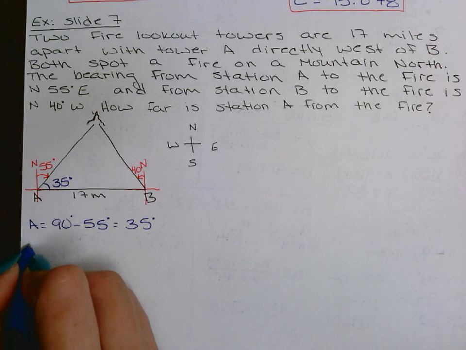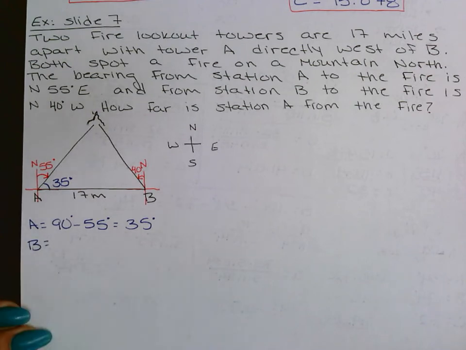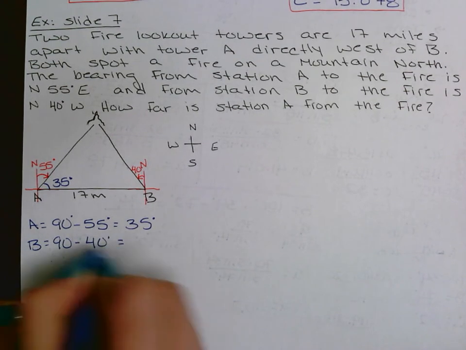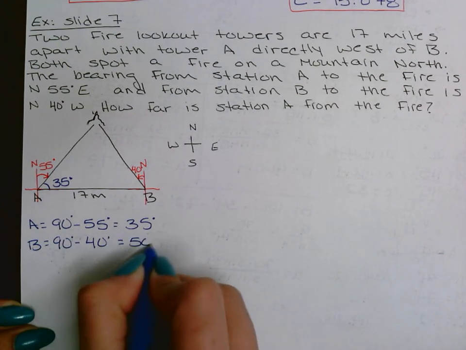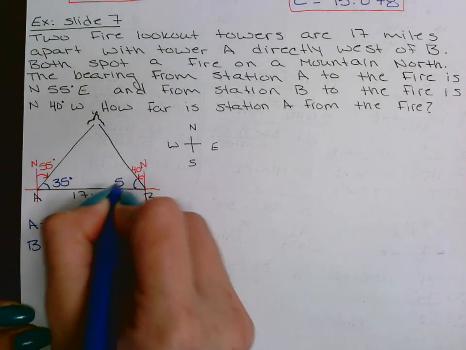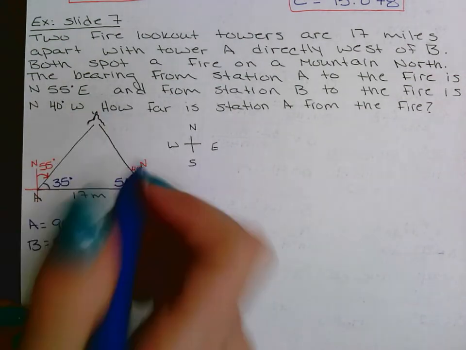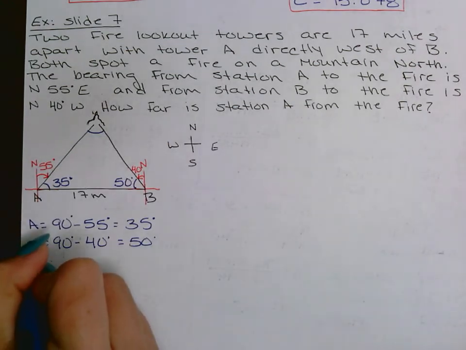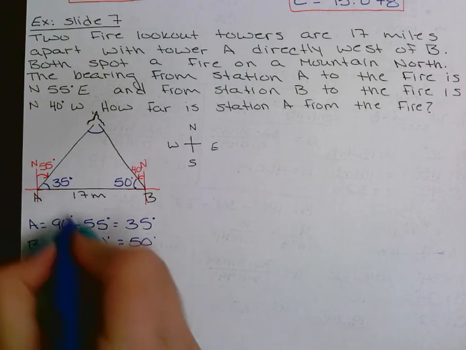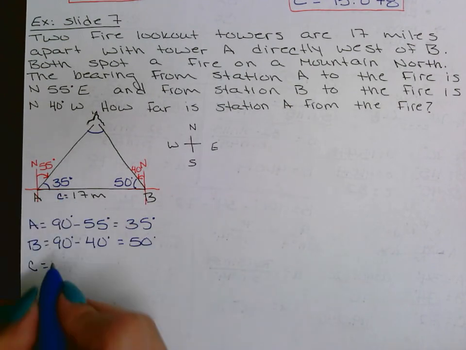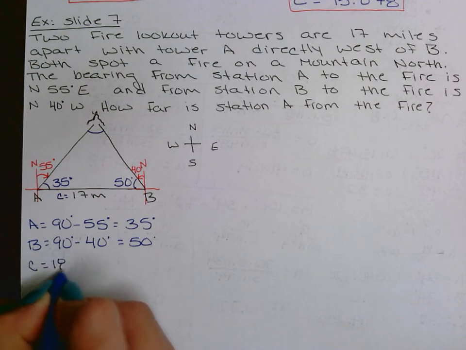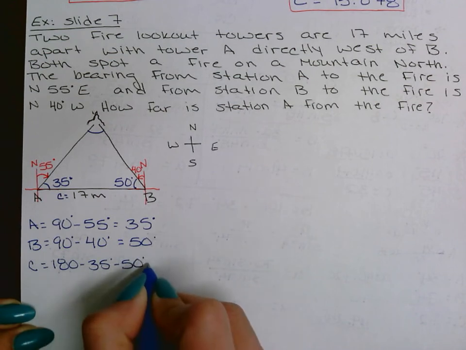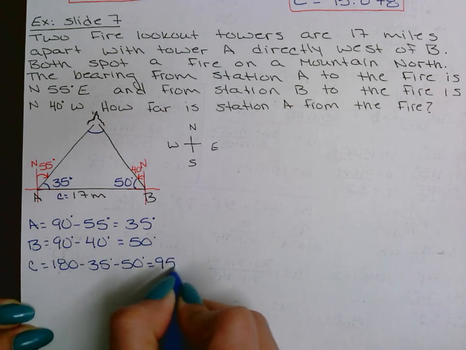And then same exact thing for B. It's a bearing, so I'm going to say 90 minus the 40 degrees, and that gives me 50. Okay? What can I do to find my third angle over here? The 180 rule. Beautiful. I'm going to call that angle C, which means I can say that this is little c. And I can say 180 minus 35 minus 50 is going to give me 95.